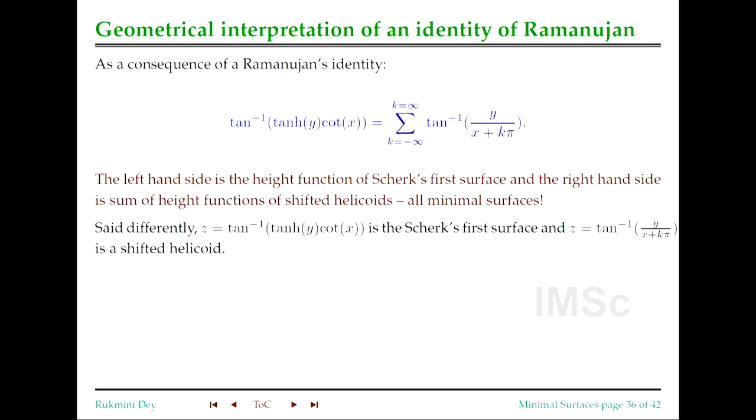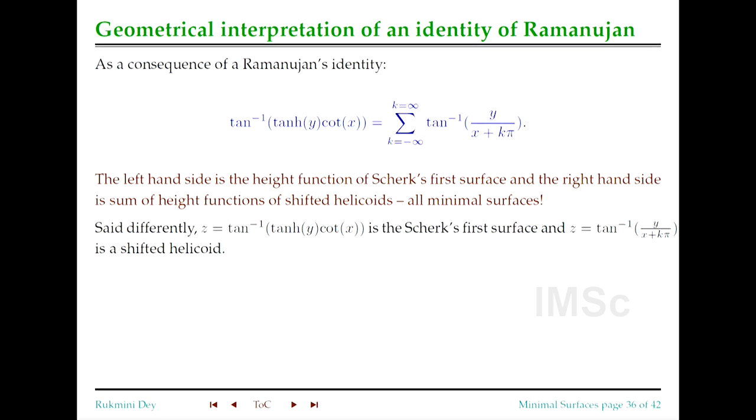Finally, how much time do I have? 10 minutes, okay, good. So, a geometrical interpretation of an identity of Ramanujan. Actually, Euler-Ramanujan I should put, since Euler also knew this. tan inverse of tanh y cot x is the summation over k from minus infinity to infinity of tan inverse of y by (x plus k pi).